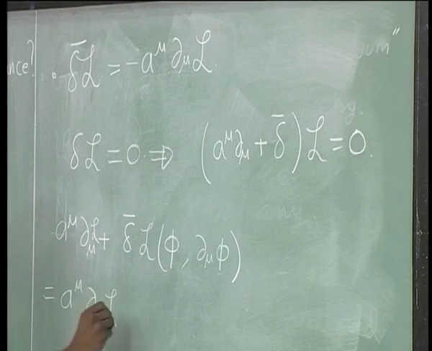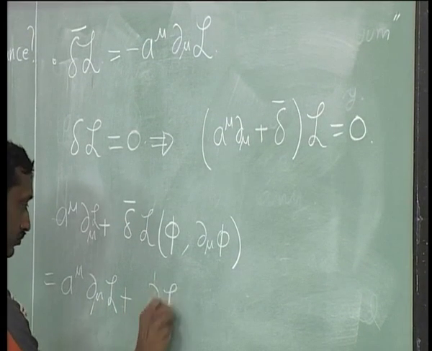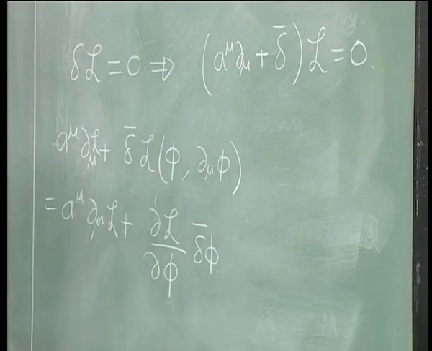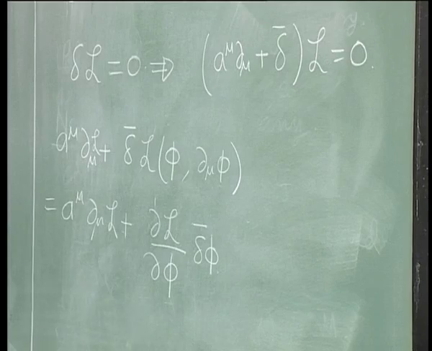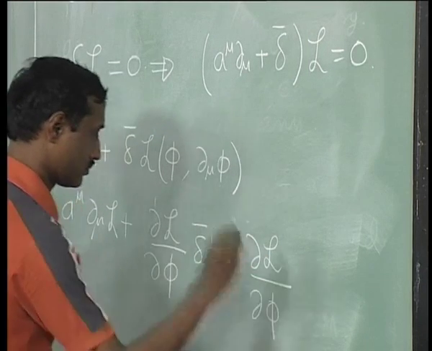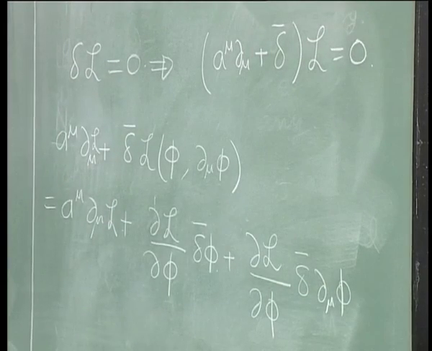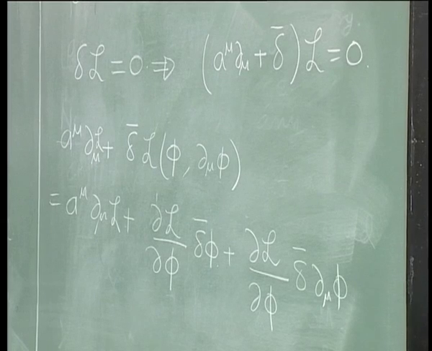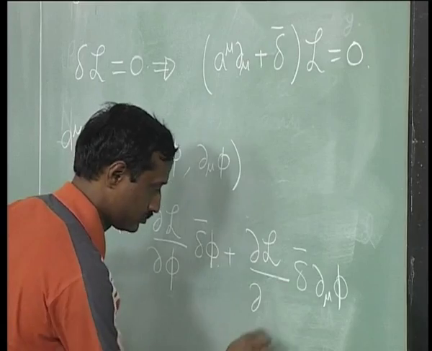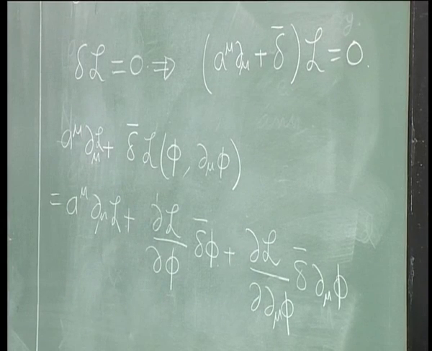Into delta bar of plus. Okay, so it has two arguments.